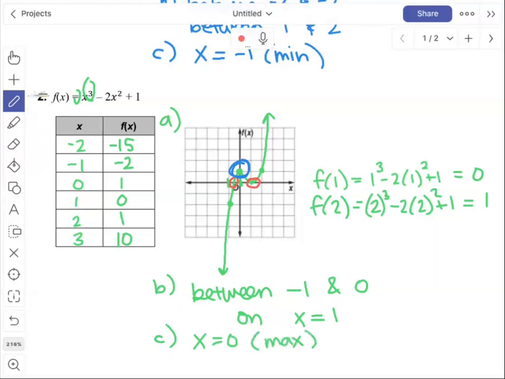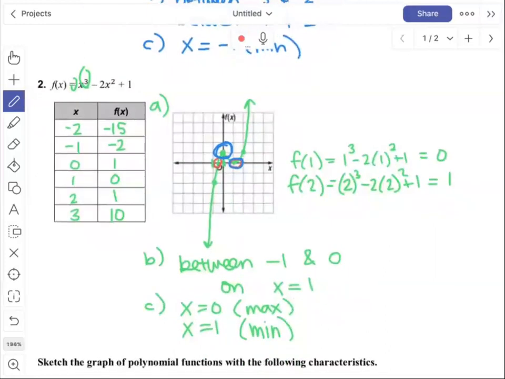And then at this point right here is also when there's a minimum, all right, a relative minimum. So that is x is 1. And that's where we get a relative minimum. All right, and that is example 2.